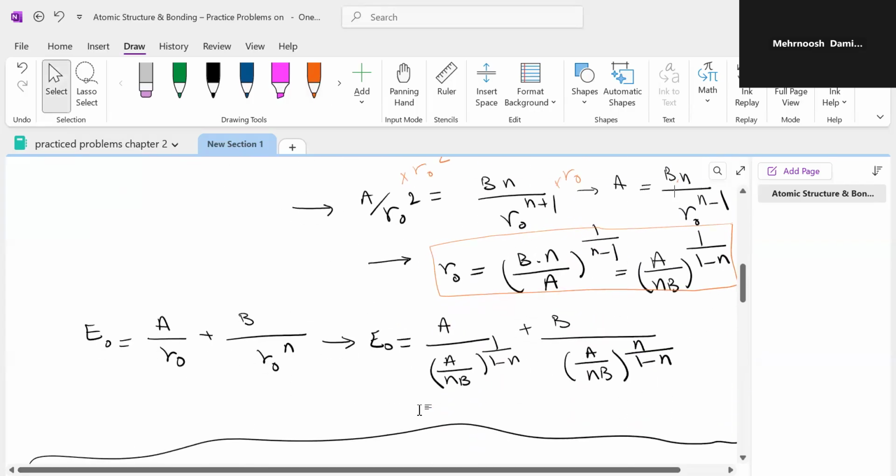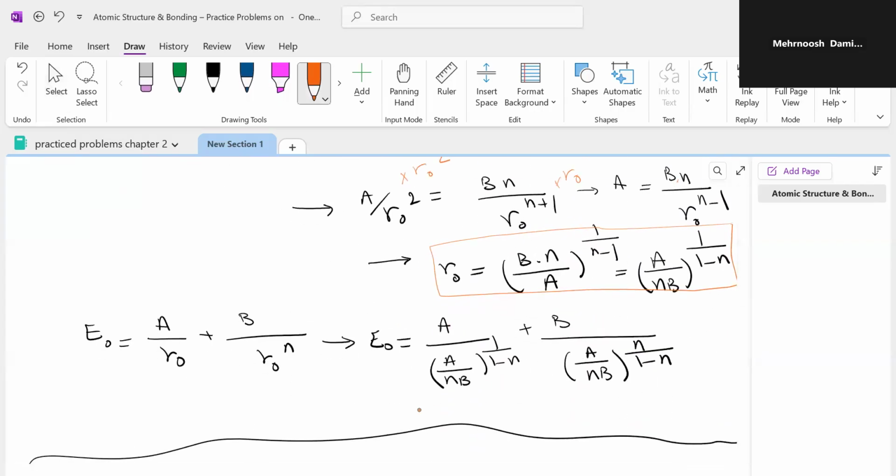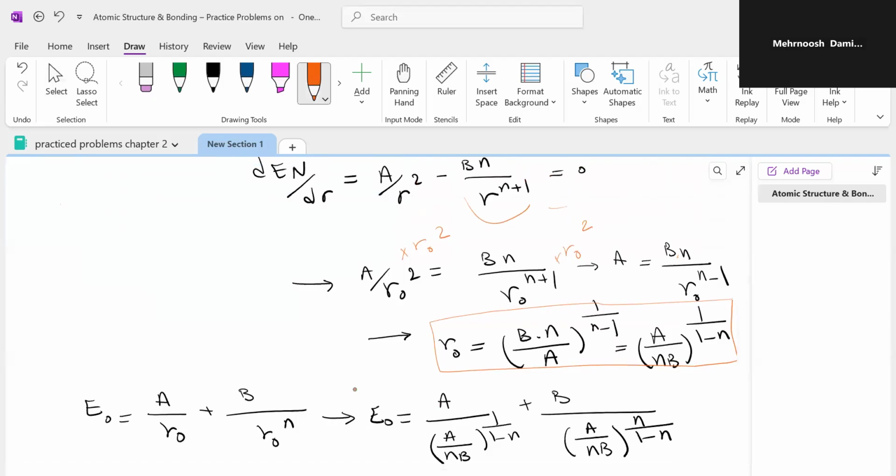Okay, so we find R naught, and definitely the energy at this distance should be E naught, meaning minus A per R naught plus B per R naught to N. We substitute this here and we find E naught. For a quick review, if you remember, for example, the attractive energy and repulsive energy, here is the minimum.